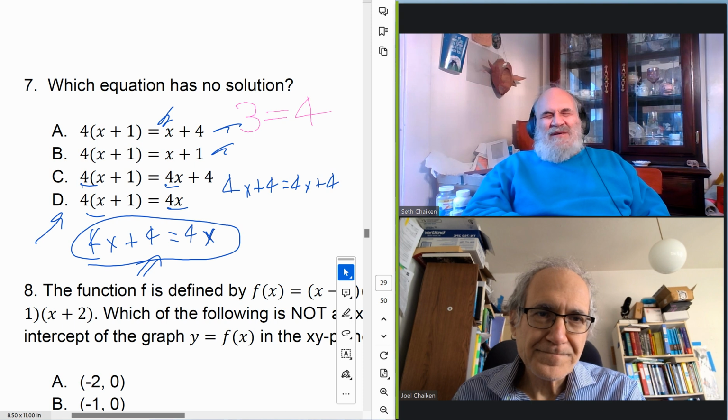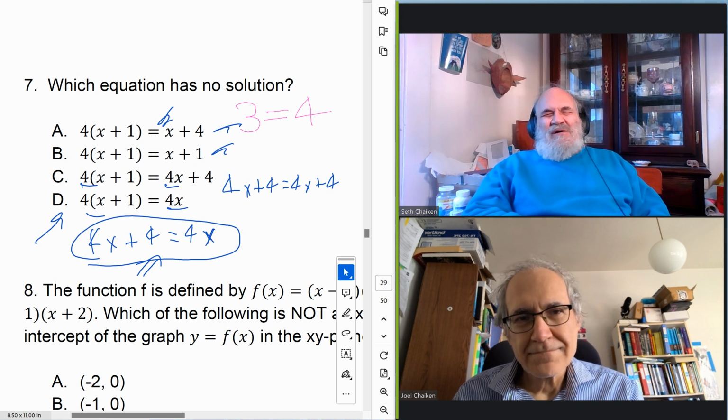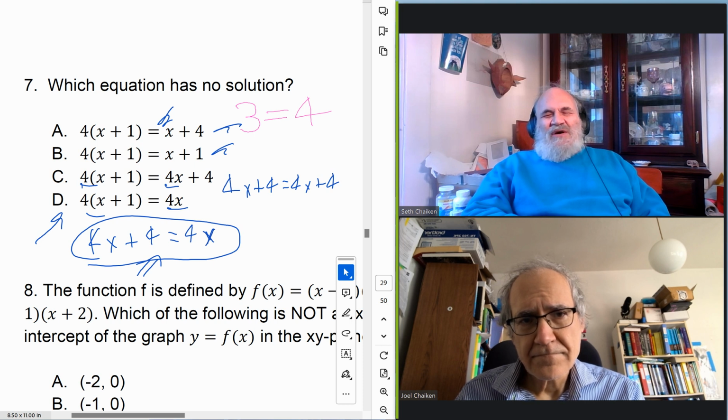The main idea is that an equation which somehow includes a variable x, what the solutions may be varies.